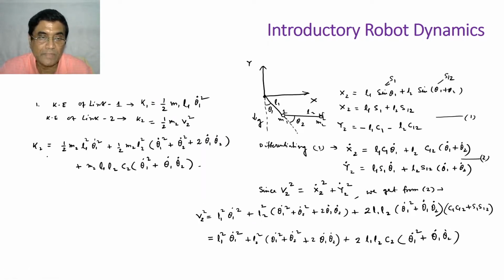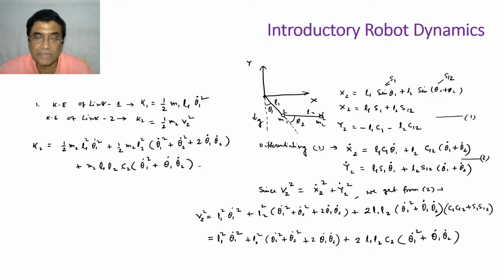So you have now got link 2's kinetic energy as well, which is half m2 L1 squared theta 1 dot squared plus half m2 L2 squared times the bracket theta 1 dot plus theta 2 dot squared, plus m2 L1 L2 cos theta 2 times the bracket theta 1 dot squared plus theta 1 dot theta 2 dot.